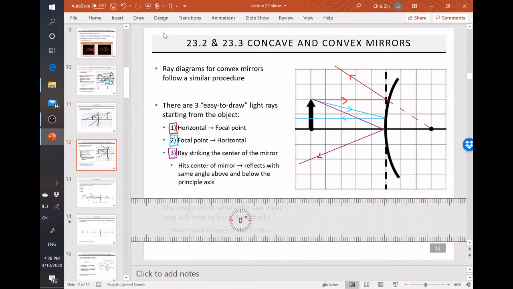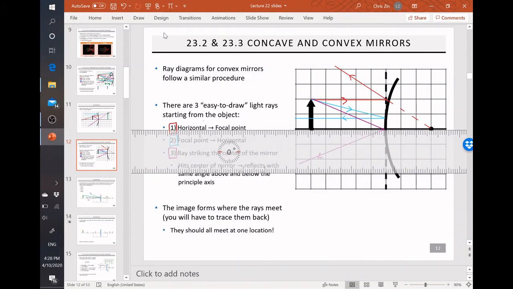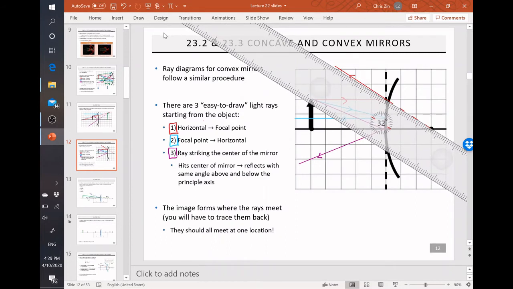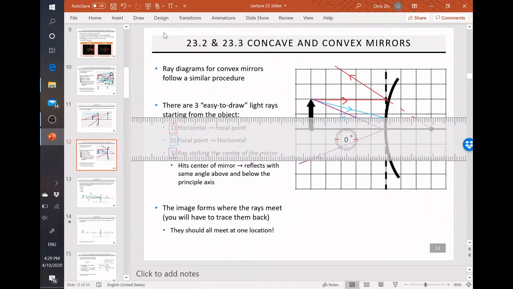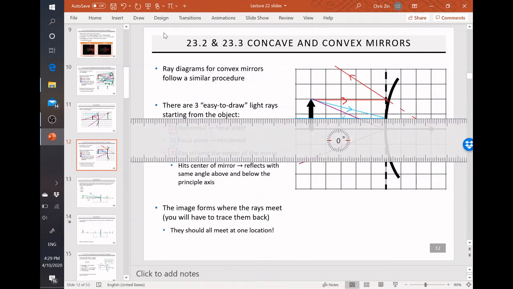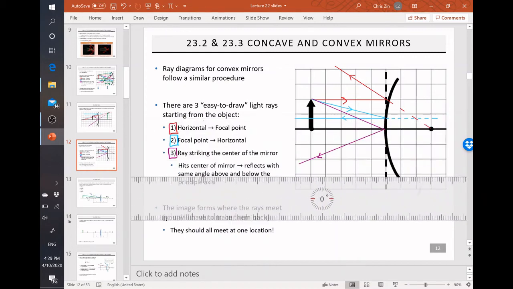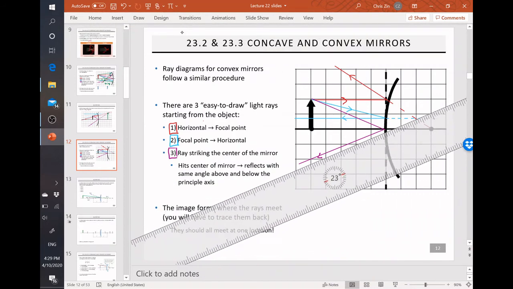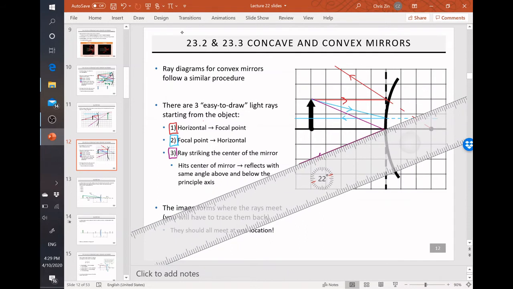To find the image of the object in this mirror, I again want to trace back all three of the outgoing rays. The red ray I have already traced back in order to determine which direction it was going outward, so that's done for us. To trace back the outgoing blue ray, I draw a horizontal line behind the mirror. And then the third outgoing ray, I want to trace back in a straight line.